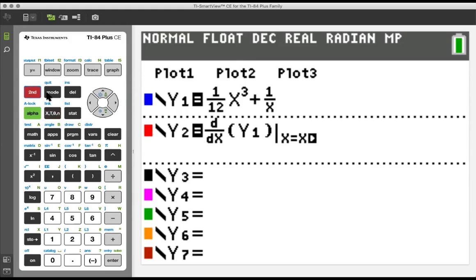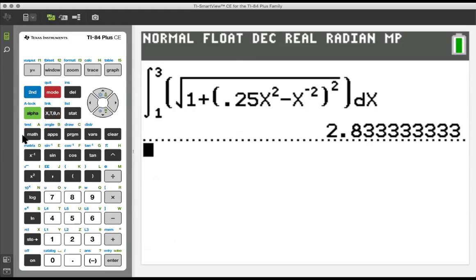And if you turn back to your home screen and go through setting this up again, it'll be the integral from 1 to 3 of the square root of 1 plus. Now this is where you want to call up that derivative, which remember would be under y2.